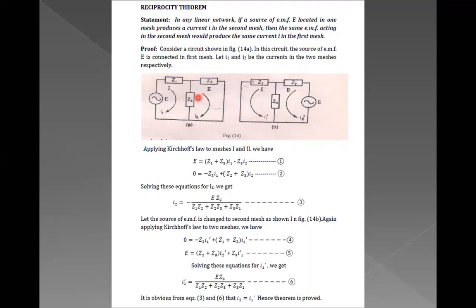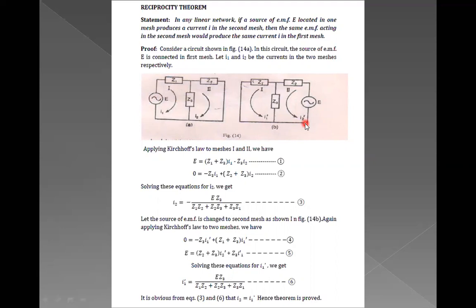It means when in a linear network, an EMF E produces a current in the second mesh, it produces the same current when it is replaced into the second mesh.